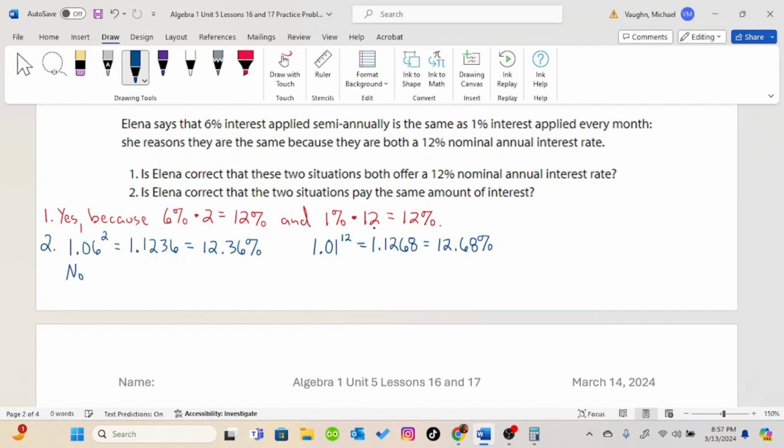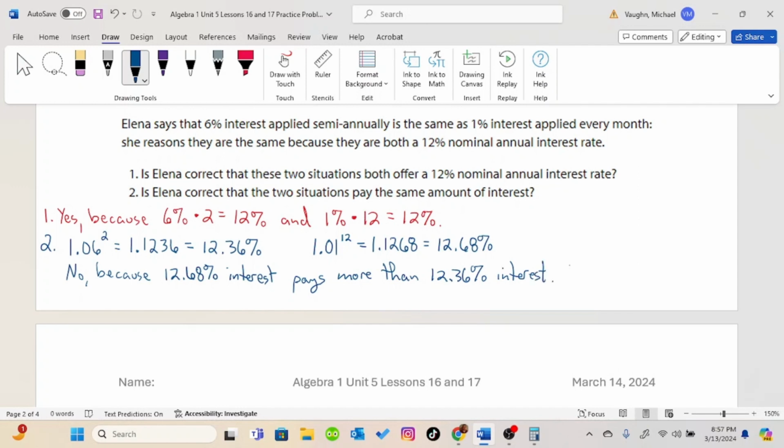So no, because 12.68% interest pays more than 12.36% interest.